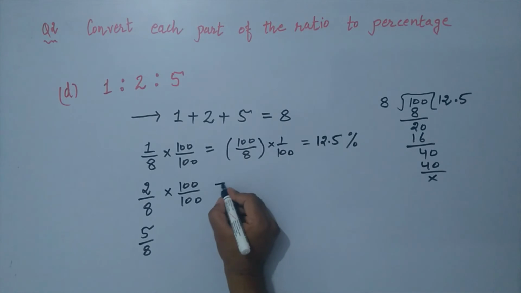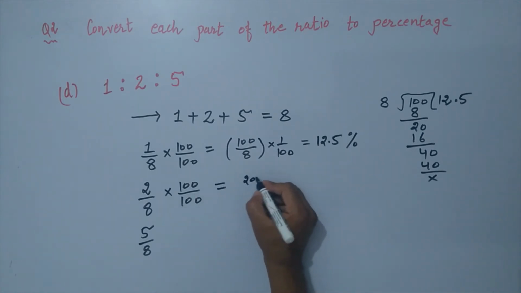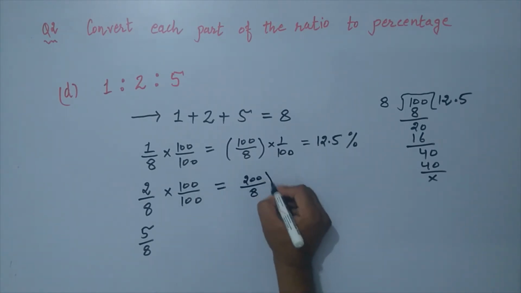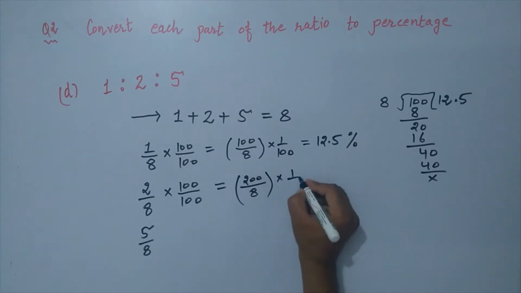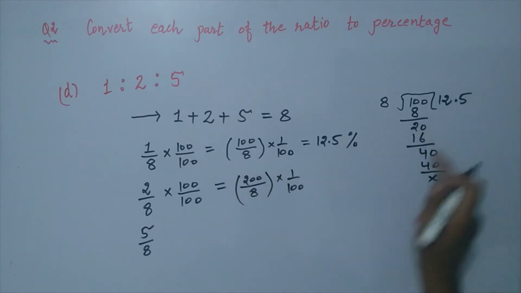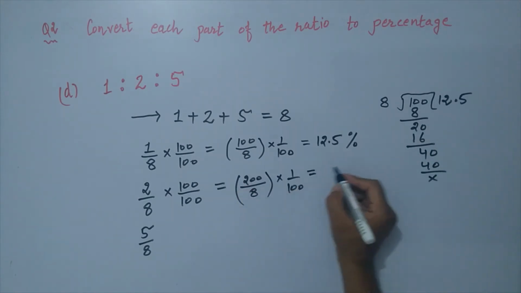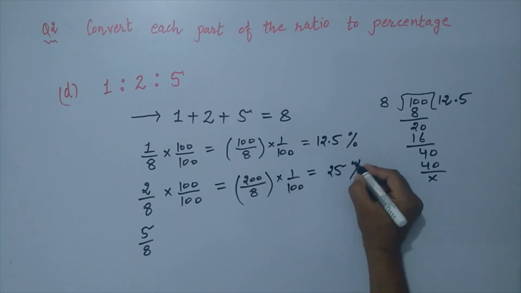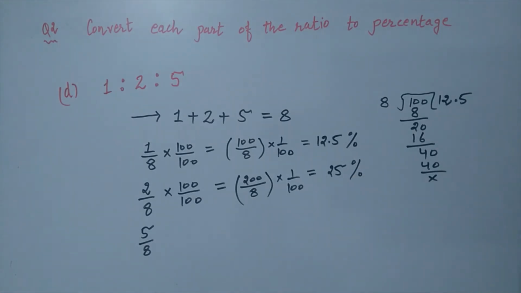So this becomes 200 divide 8 into 1 upon 100. So this is 12.5 into 2, 25%. Next time also 100 divide 100.